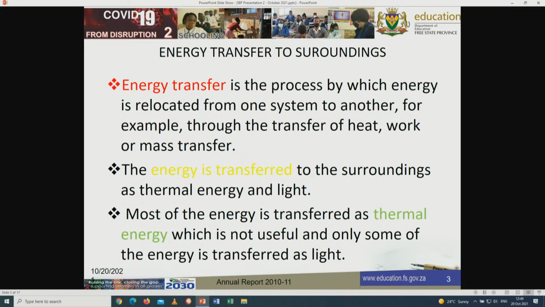It can be transferred bit by bit or through mass transfer. But the most important thing is that energy can be transferred from one system to the other system.